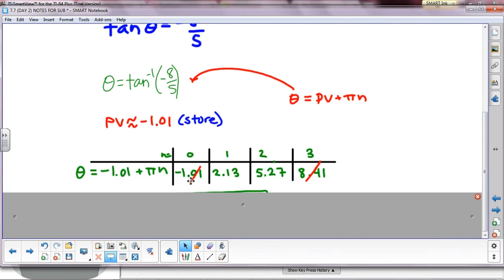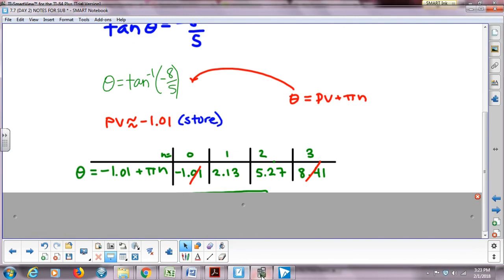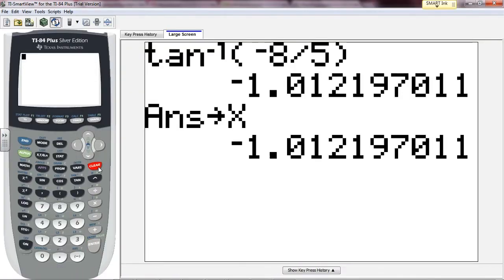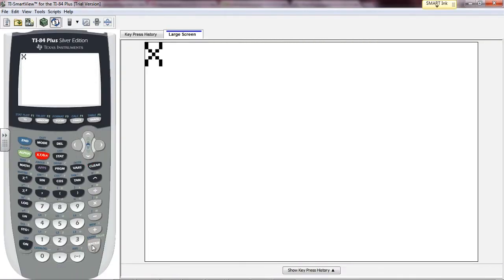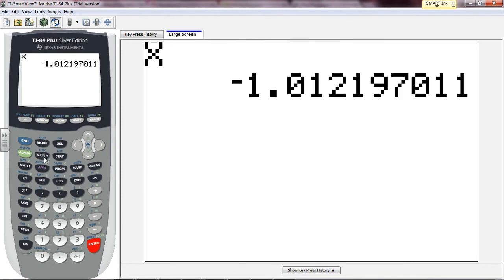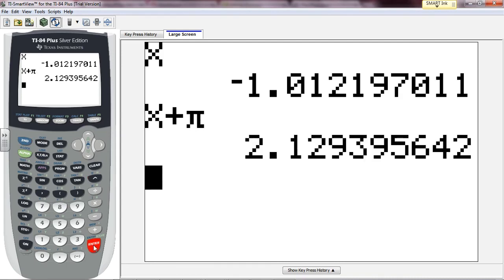If you plug in 0, you get negative 1.01. That's too small. We just want answers between 0 and 2 pi, or 0 and 6.28. Now, if you plug in 1 and 2, you're going to need to use your calculator. Remember, we stored our principal value as x. So in your calculator, you're going to want to go x plus pi, and that's when you're plugging in 1 for n. And then you're going to want to do x plus 2 pi.